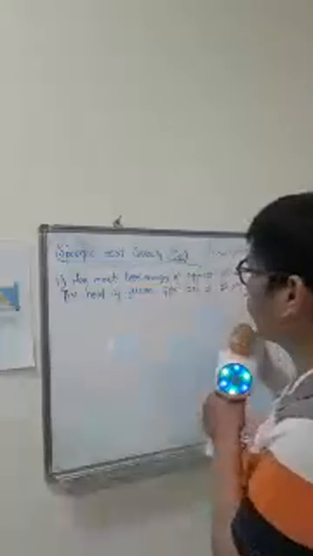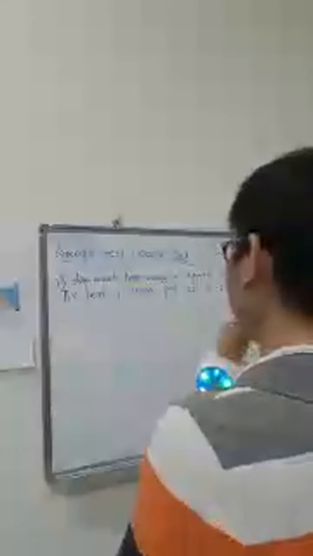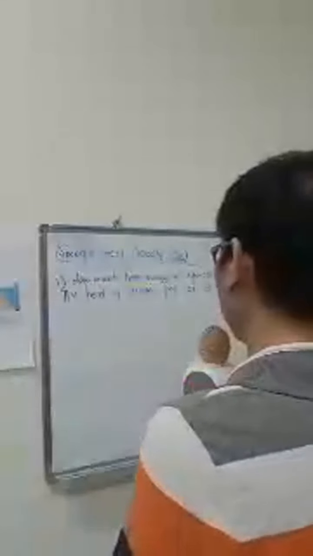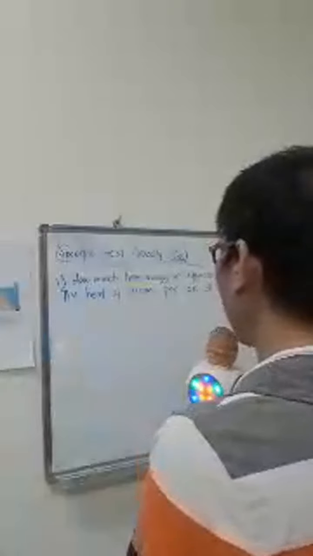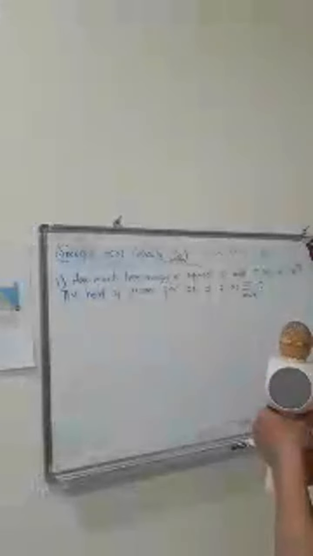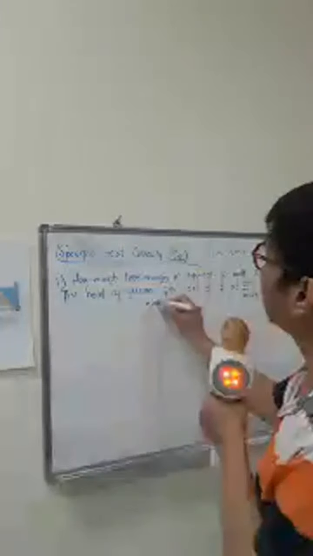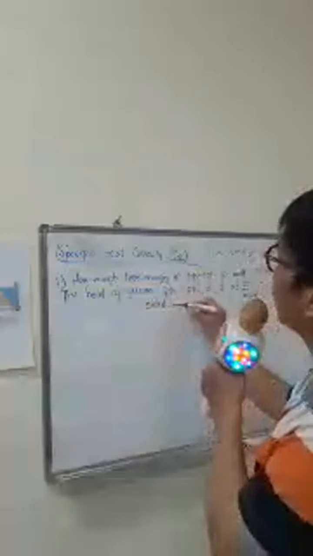Now, in solving the problem, you will identify first of all, how much heat energy is required to melt 25 grams of ice. The heat of fusion for ice is 6.01 kilojoules per mole. So it's very obvious that the process is fusion and there's a melting point. Meaning to say the ice will become liquid, solid to liquid.